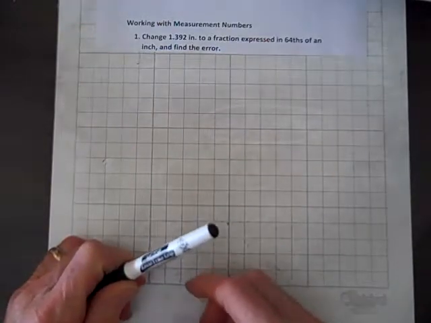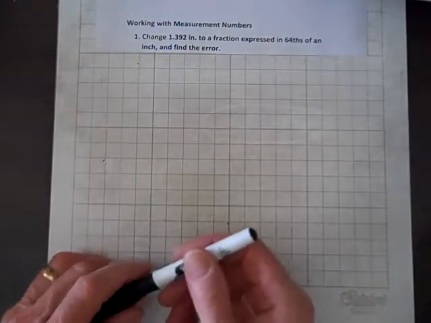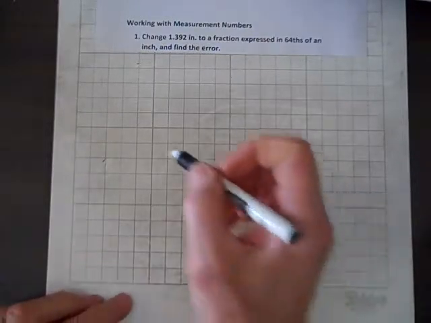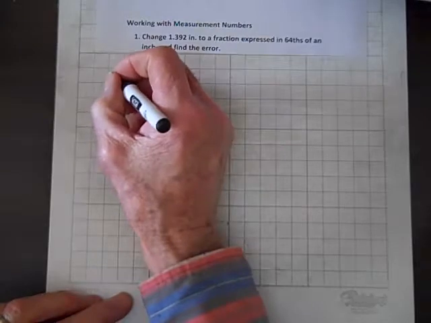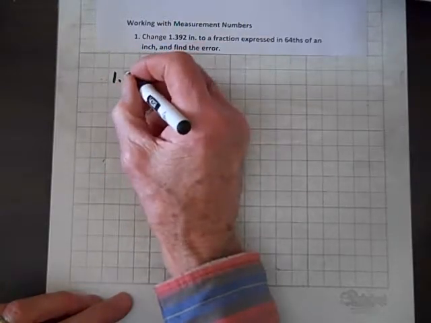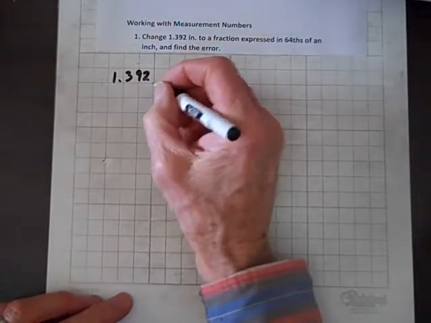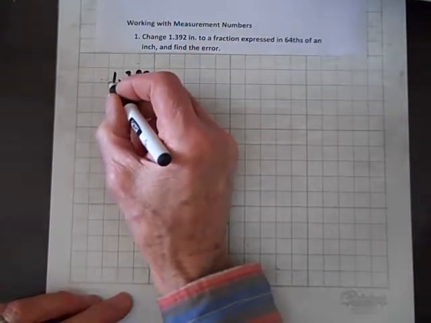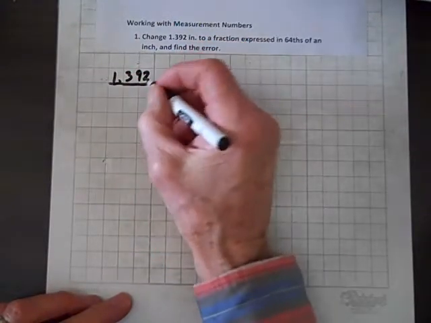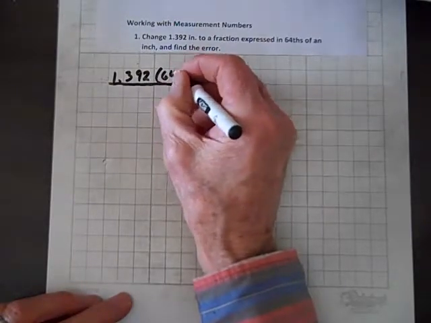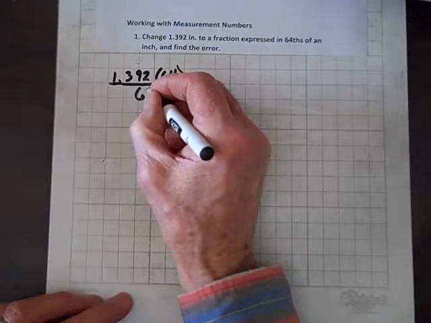Well, with that said, let's change 1.392 inches to a fraction expressed in 64ths of an inch and find the error. So we'll take 1.392 and we'll multiply that by 1 in the form of 64 over 64.